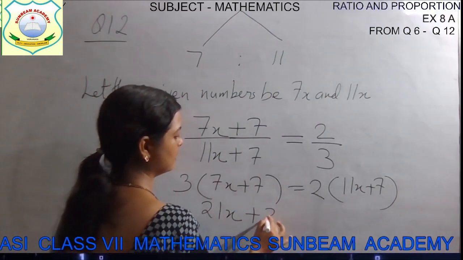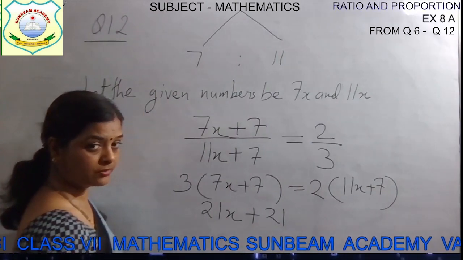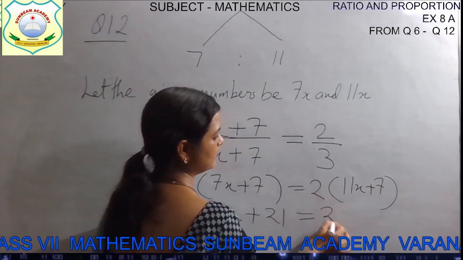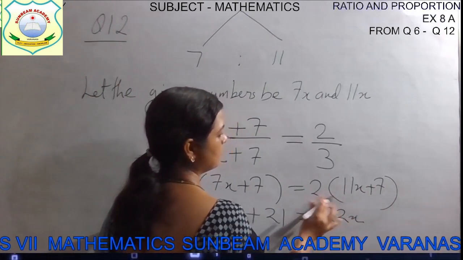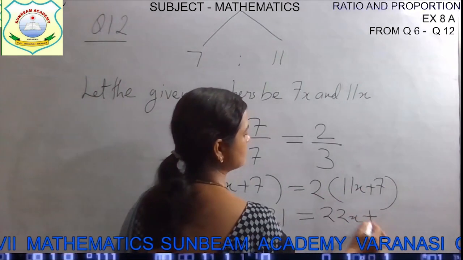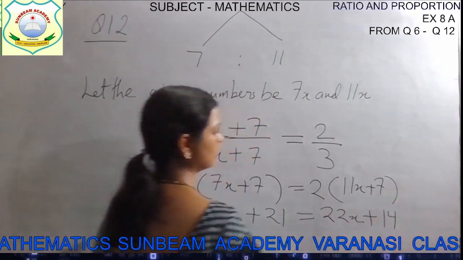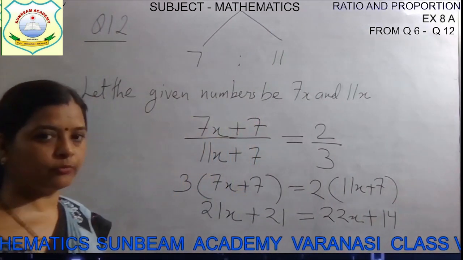Again 21 will come, but without the variable, children. That is equal to 2 into 11, 22x plus 2 into 7, 7 2s are 14.